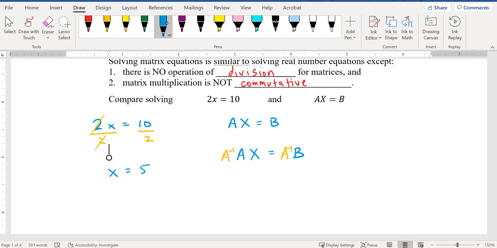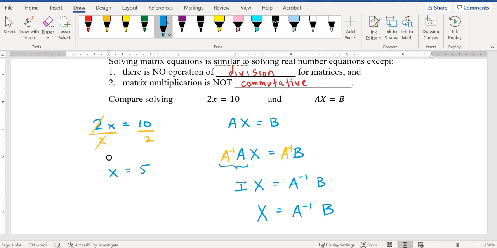So what is A inverse times A? That's the identity matrix. Now the identity matrix times any other matrix is just that matrix. So the identity times X is just X. So now we have solved the matrix equation: X equals A inverse times B.